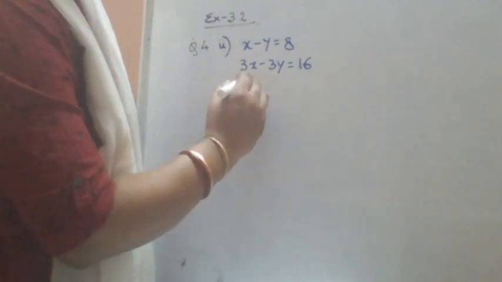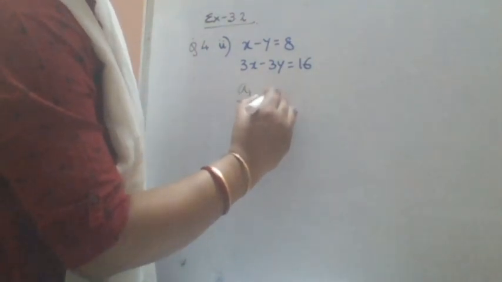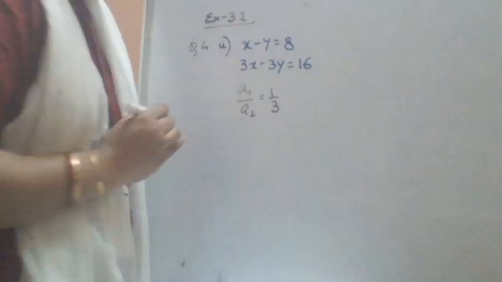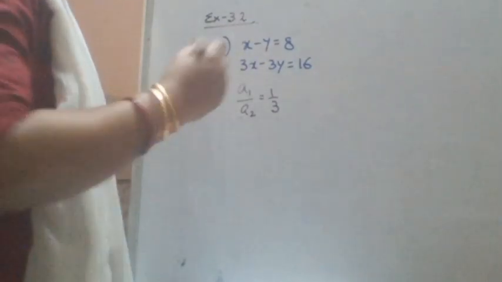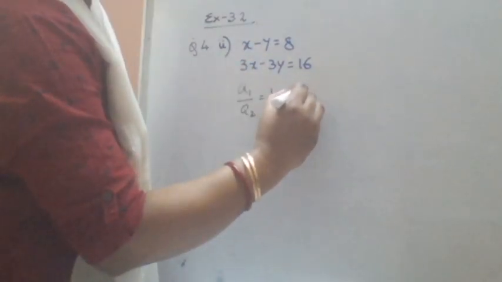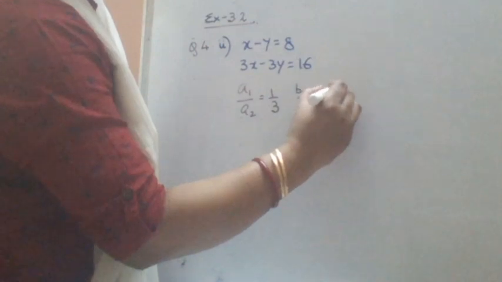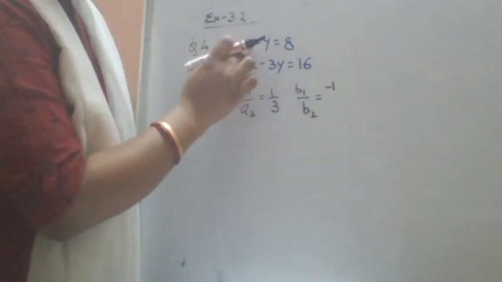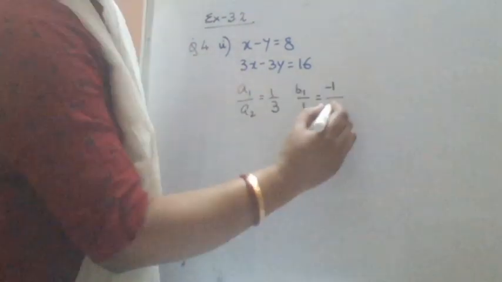For that we will do a1 upon a2 is equal to 1 upon 3. a1 is the coefficient of x, and a2 is the coefficient of x in the second equation. Then b1 upon b2 is minus 1, the coefficient of y is minus 1, and the coefficient of y in the second equation is minus 3.